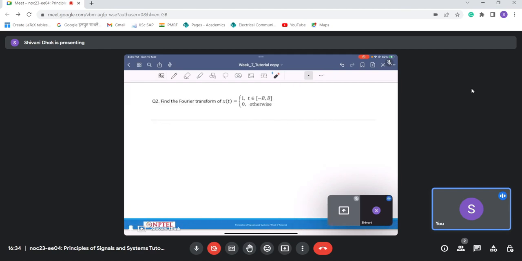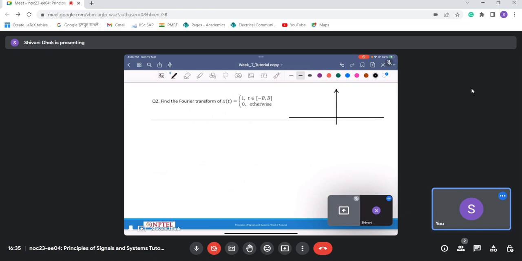So let us go ahead and look at another important signal which is given by this formula here. So let us first try to sketch this signal. So what we have is something like this.